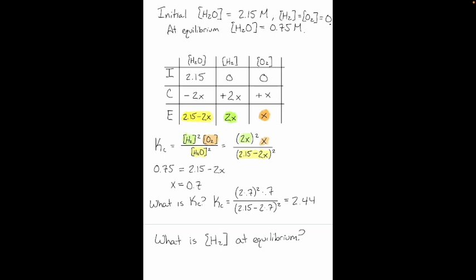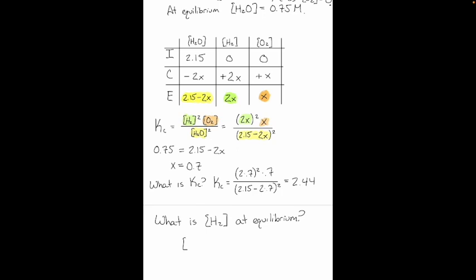Yellow, green, or orange? The green. That's what that expression is, right? That's the concentration of hydrogen gas at equilibrium. So if I'm asked for the concentration of hydrogen gas at equilibrium, I'm going to use that expression there. I already got what x is, right? So the concentration of H2 at equilibrium is just 2 times x, or 1.4.